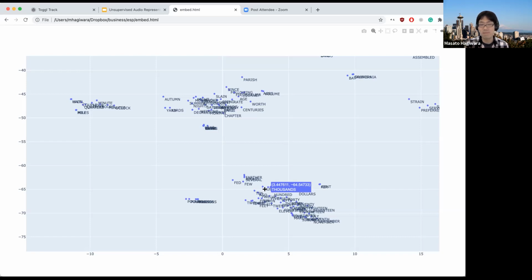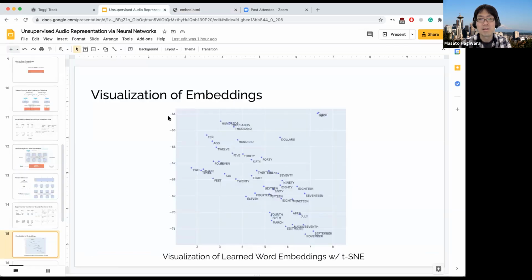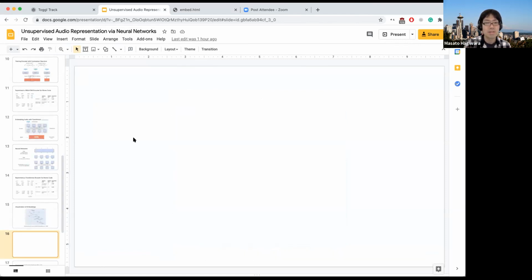I think this is amazing, because if I were to do this, if you know nothing about Morse code and you have to figure out which are the numbers, it would take, I don't know how long, if at all possible, right? So you can see the embeddings like this and the clusters of the words. Any questions so far?